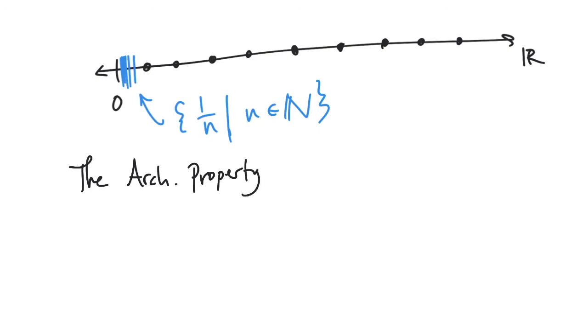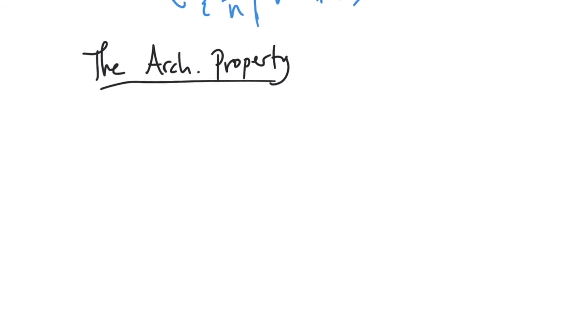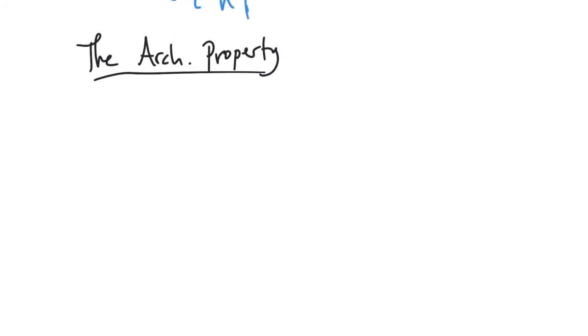I don't know, actually, I should have looked up the history on this. I don't know to what extent Archimedes is actually responsible for these ideas, but for some reason it is named after Archimedes. So it has two, this is statement number one. There's going to be two of them, and I'll call this the big version.